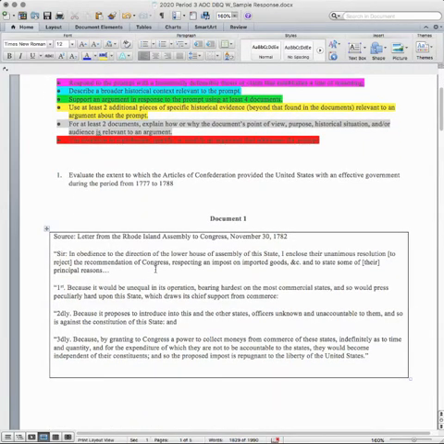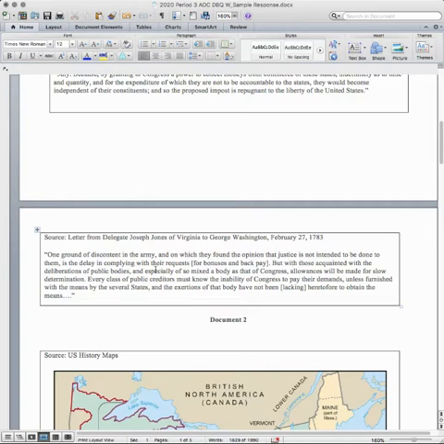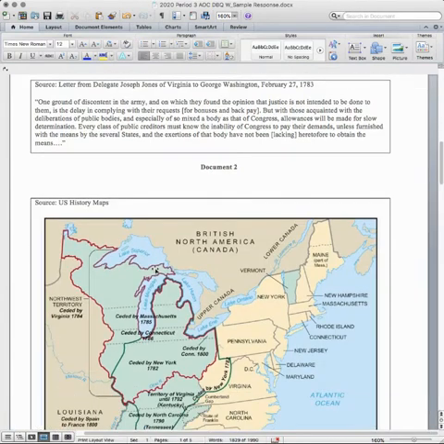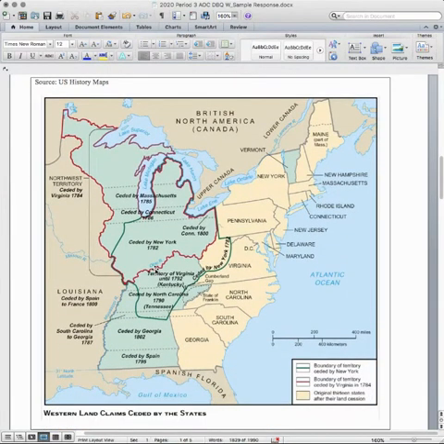All right, so this is the first document. Letter from Rhode Island Assembly. Document 2 was a map that really talks about Western land claims ceded by the states.